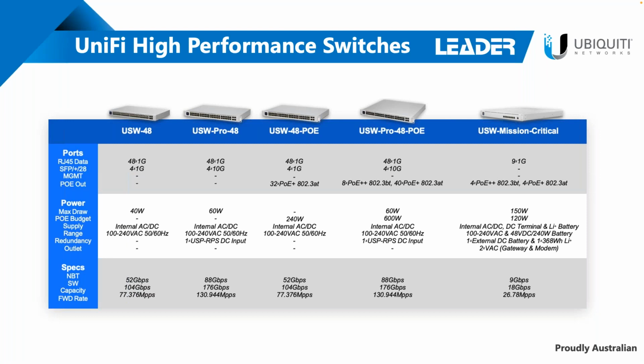For example, if you think about VoIP phones or access control, both of which use PoE today, it is very important to make sure that those devices still function in the case of a power outage. Businesses can't survive without their phones being up, so that USW Mission Critical really is for mission critical use cases.